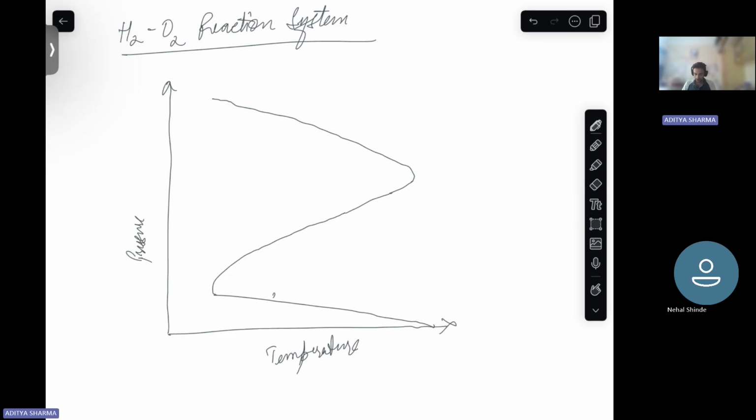So this line has been called your first limit. This is your second limit. This is your third limit.